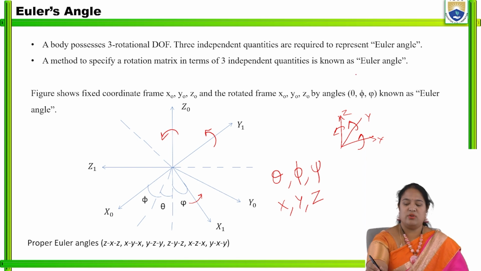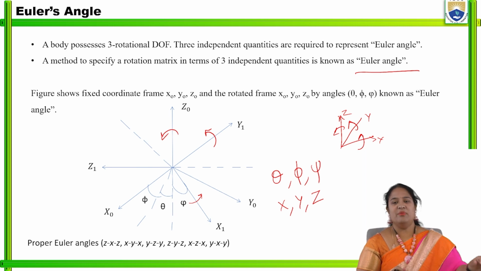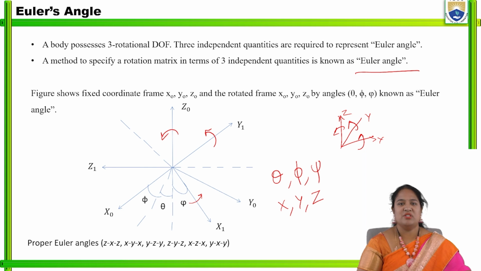So that is known as the Euler's angle. That is, a body which possesses three rotational degrees of freedom, independent of the other quantities, is represented as a Euler angle.